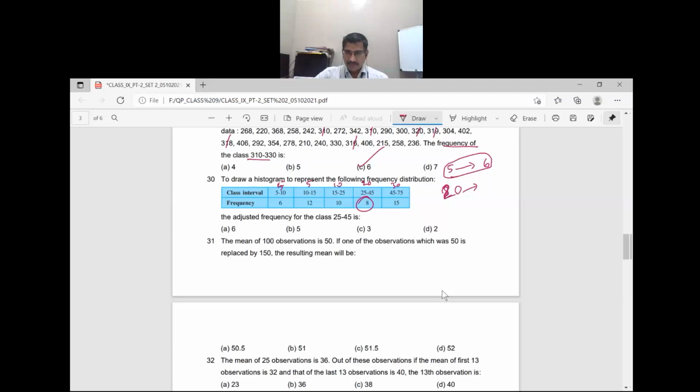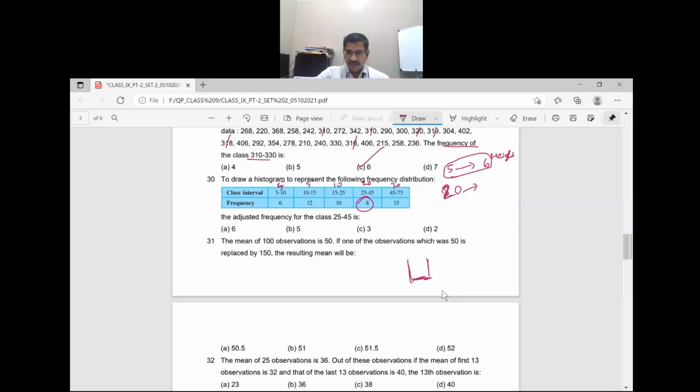See, class size decides the width of the bar. Now the frequency tells us the height.